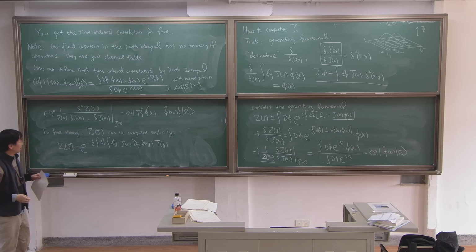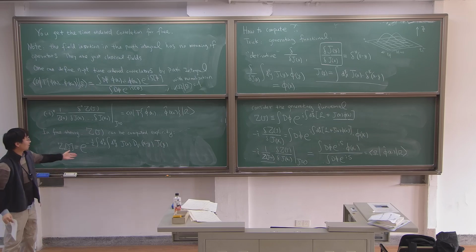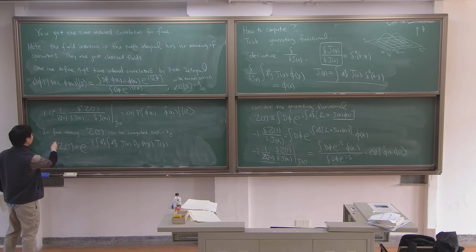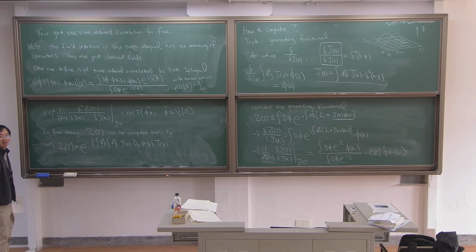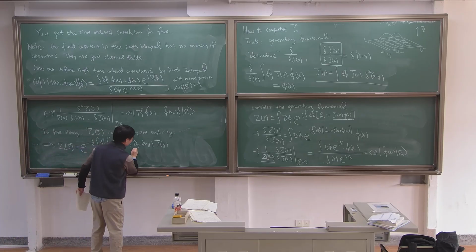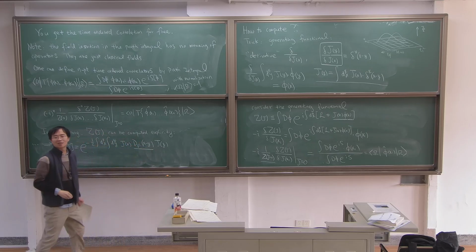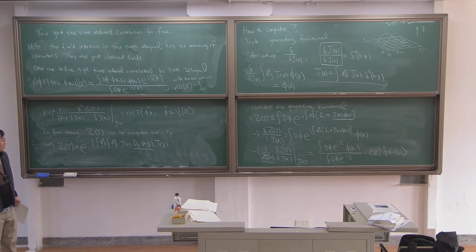Of course, I jumped a little bit. There are a few seconds of calculations to get this result. Importantly, there's a D_F that appears here. Then you ask me, how do you know this is the Feynman propagator, not some other propagator?